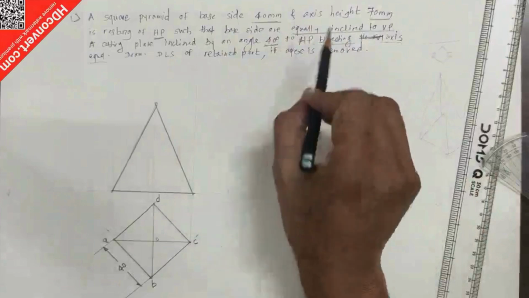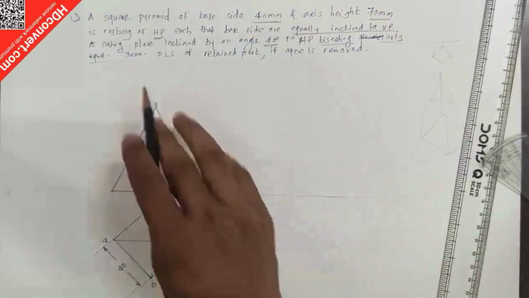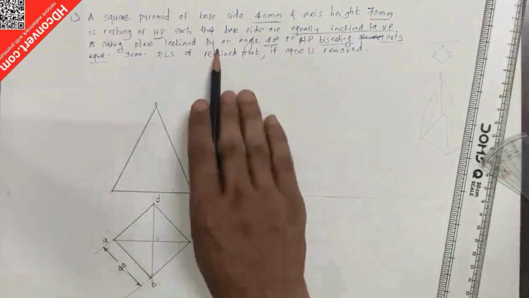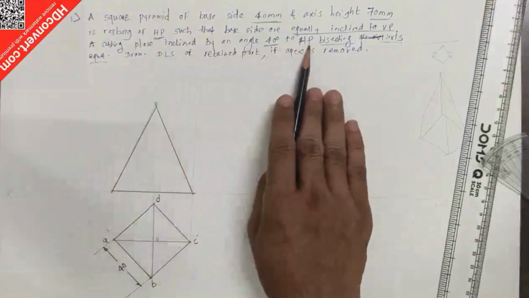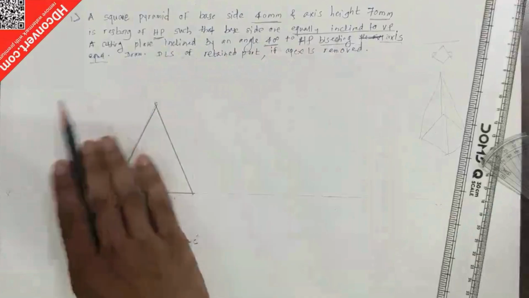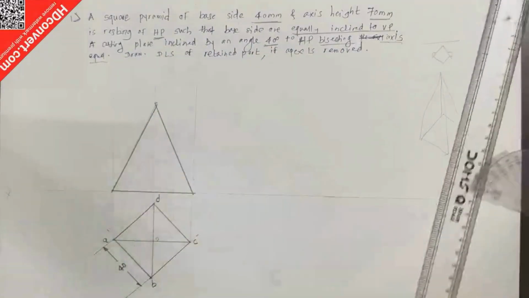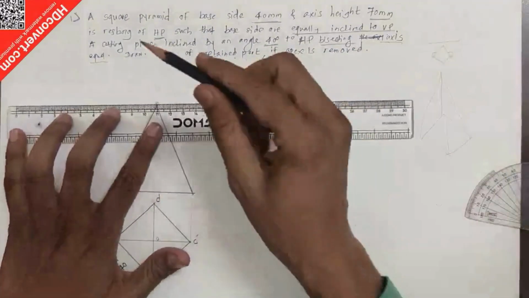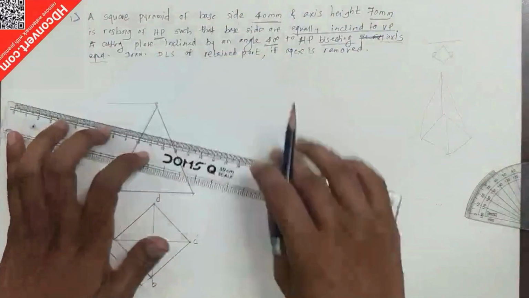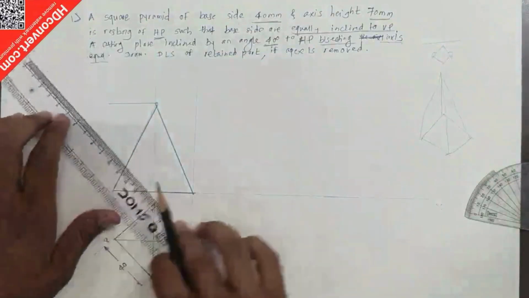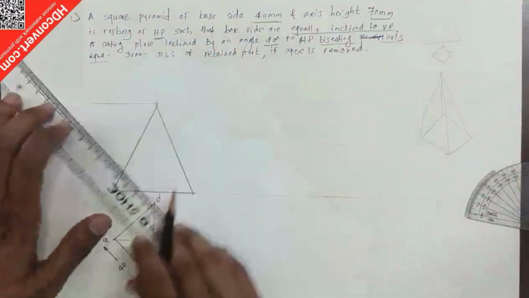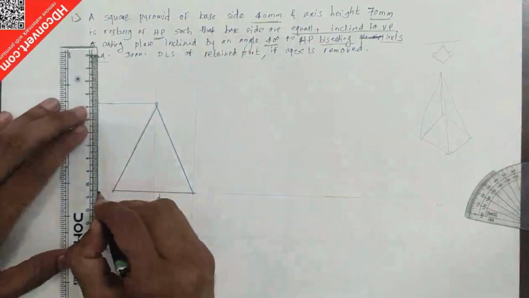Base sides are equally inclined to VP, so the first condition is fulfilled. Then next is a cutting plane inclined at an angle of 40 degrees to HP, bisecting the axis equally. Equally means the total axis height, which is 70, we have to divide into two parts. So 70 divided into two parts is 35.